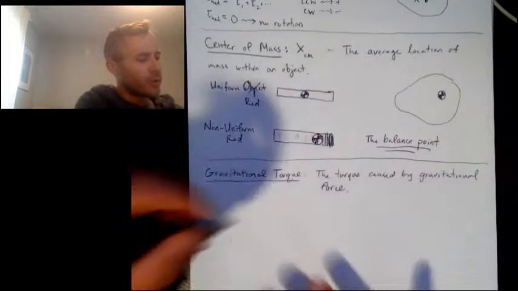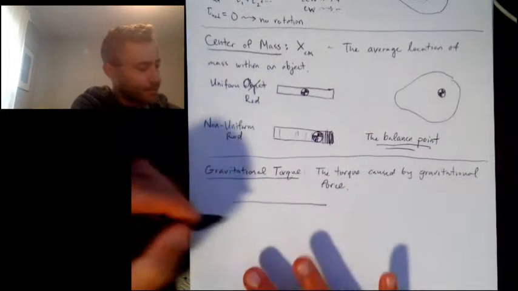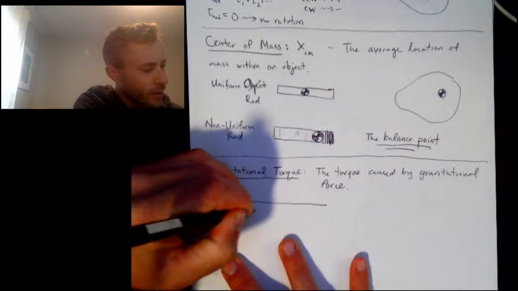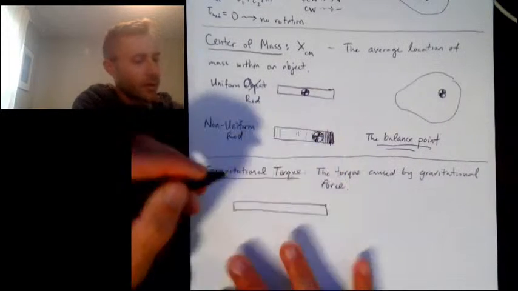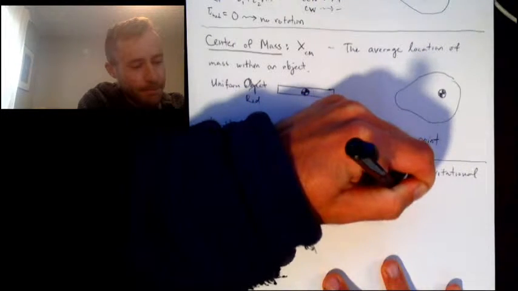So what I want to imagine is let's say we have a rod. The rod is uniform.